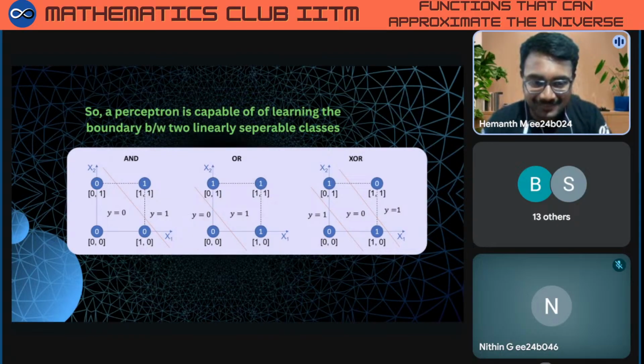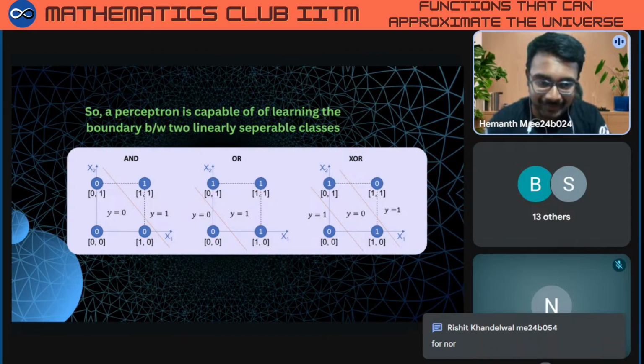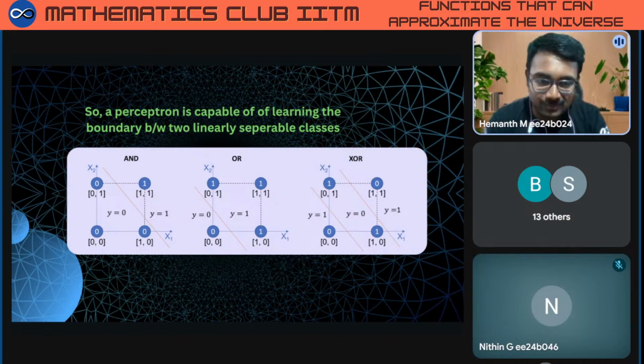If you consider this input space, x1 and x2 are the inputs. Each of these four circles which you can see is a possible input combination, meaning 0,0, 0,1, 1,0, 1,1. This represents all possible inputs, and the number inside that circle, 0 or 1, represents the class, that is the output.